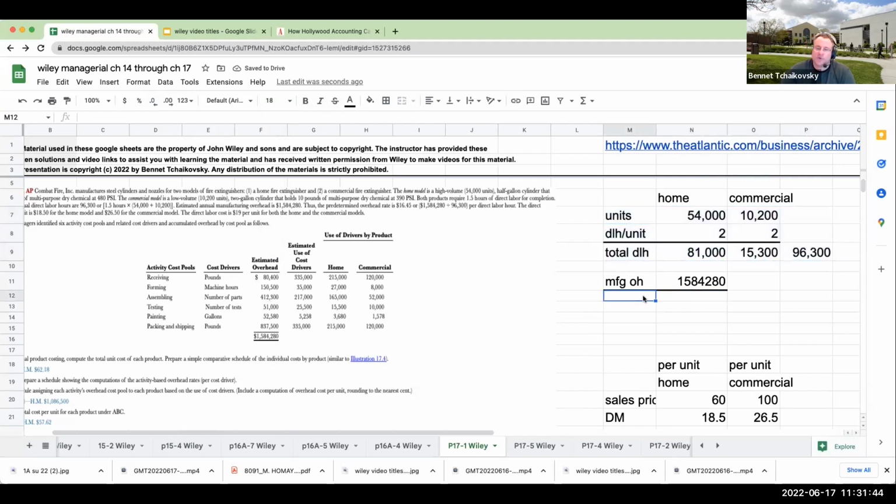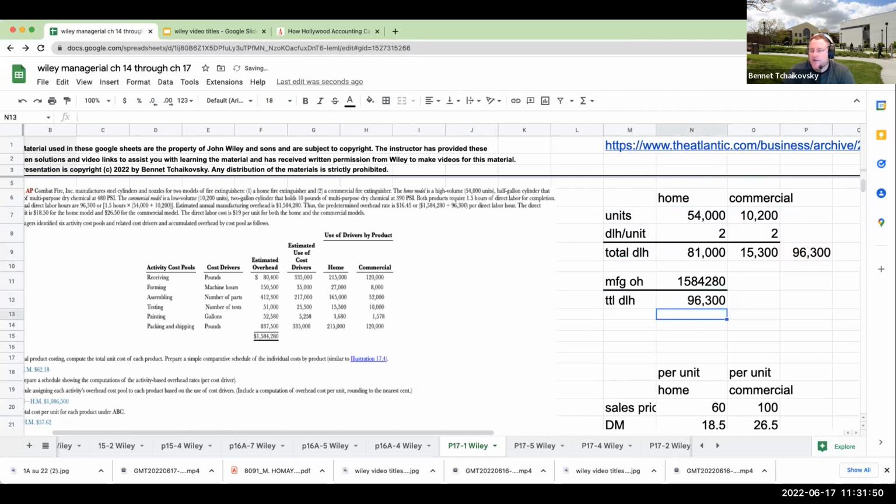And so when we look at this, we're going to say, okay, here's our manufacturing overhead. Total direct labor hours is 96,300. And so basically we've got the overhead per direct labor hour, which is going to be $16.45.